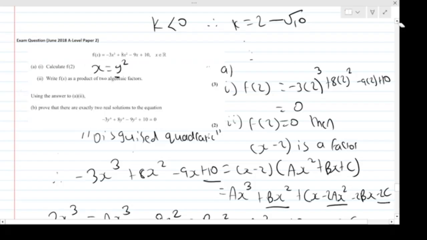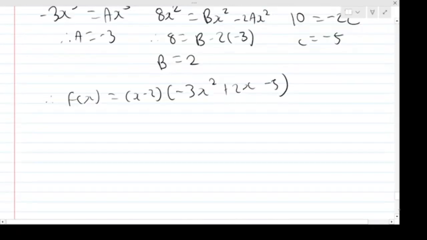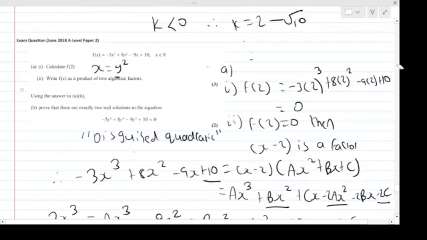For this question, part B, I have x is y squared. That is the link between the two equations. If I put in minus 9x, minus 9y squared, that means x will be y squared. That's the link to get from the two equations.